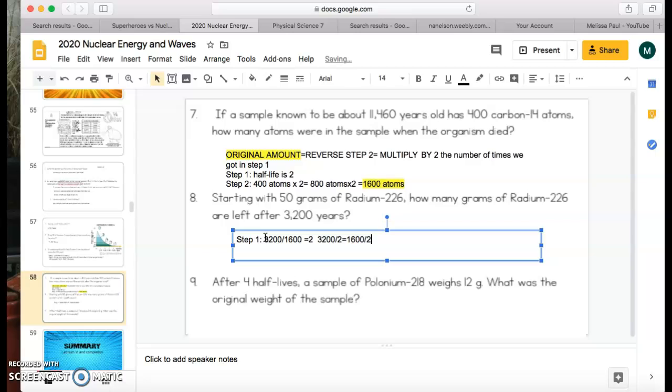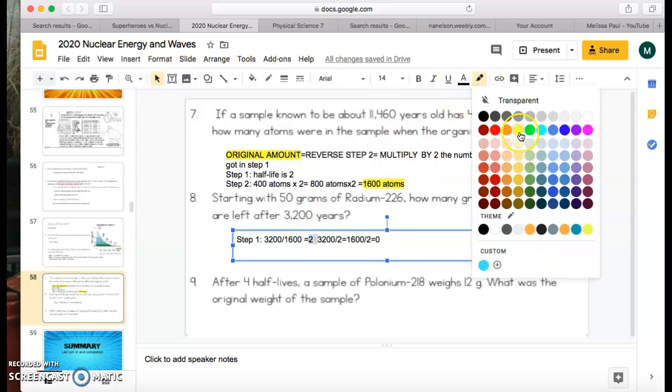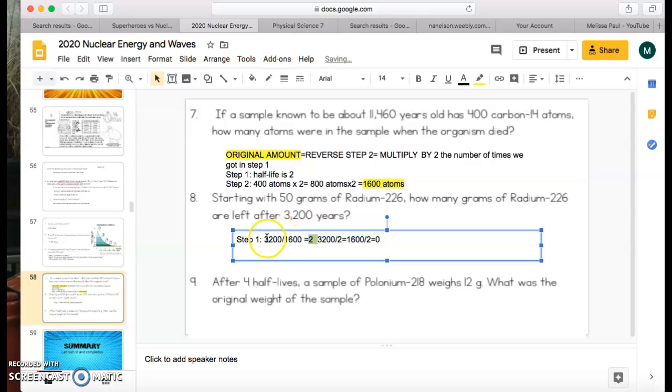Divided by 2 again gives us 0. So we know this is 1 half-life, 2 half-lives. So this substance has gone through 2 half-lives. Personally, I think just dividing it this way is easier, but I wanted to break it down for those who may feel like, okay, I need to see that a different way. Okay? So now we have our number of half-lives.